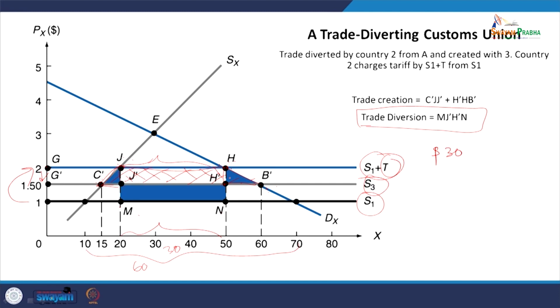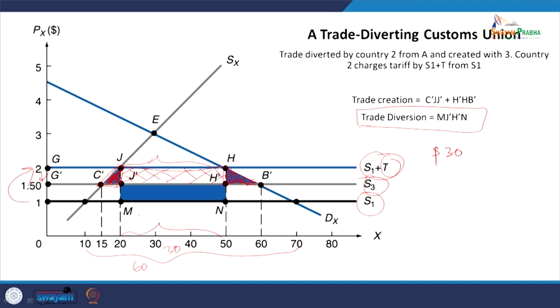So this is a minus component here. So the net trade creation is C prime J prime, that is the triangle area. This is one triangular area, and another triangle area is this one. This is called the net trade creation made by the country due to joining a customs union.